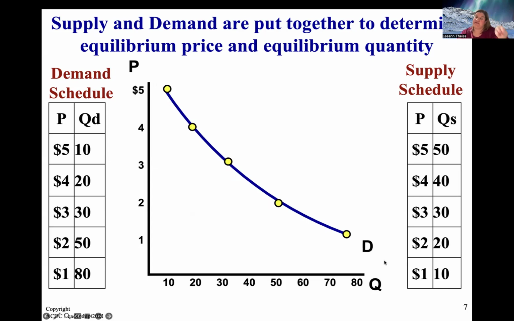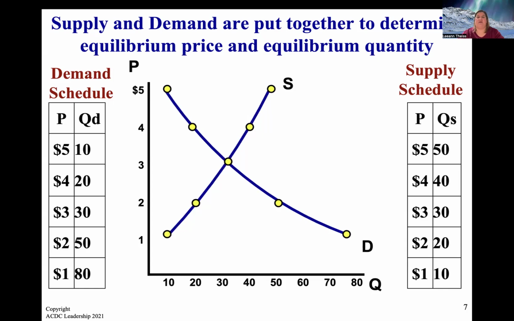Once we get into this more, we are not going to graph the actual demand schedule. We're just going to put a generic curve for supply and demand. But I really want to make sure you understand that each of these points along the curve represents a different combination of price and quantity, either the quantity being supplied or the quantity being demanded. So here's our demand curve and here's our supply curve.